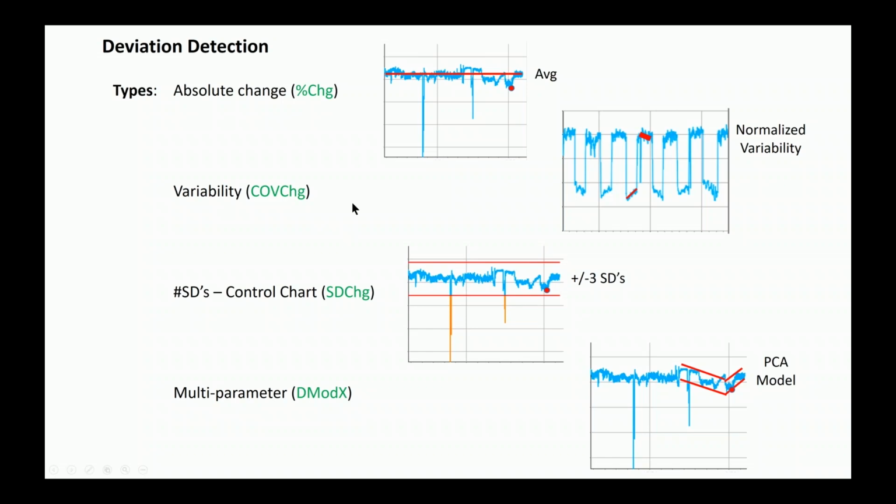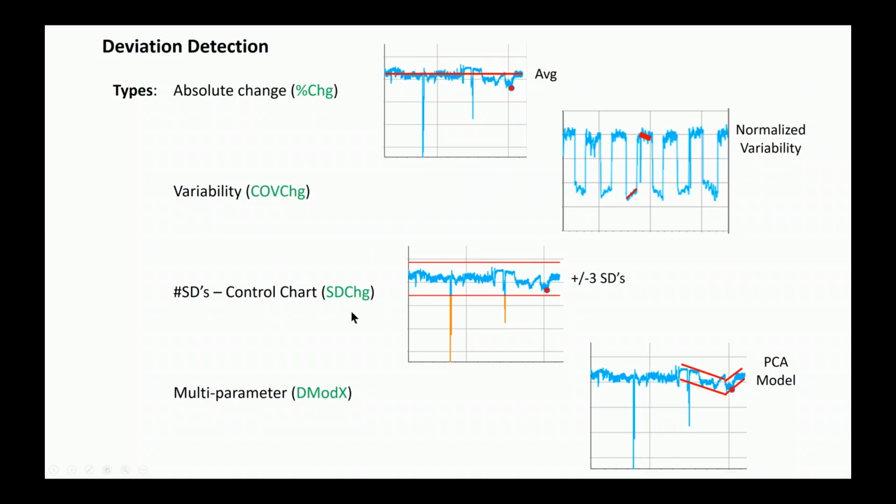In this case, we'll show the COV change between a good period and a bad period. And COV is basically a way to take variation and normalize it based on the value, so high values don't necessarily get a higher standard deviation than low values because they're normalized by the value.